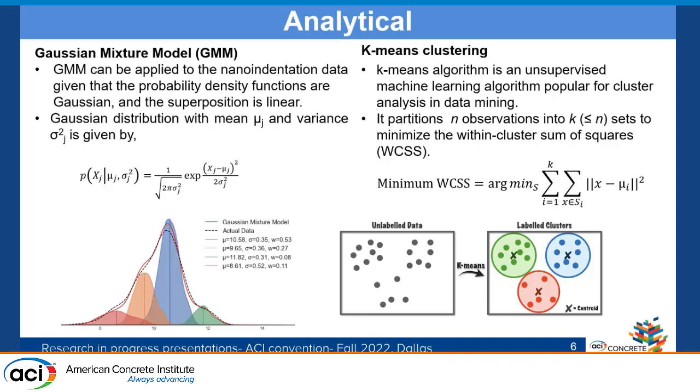A Gaussian distribution has two parameters, mean and variance, which is given by that equation. The second method I used is k-means clustering, which is an unsupervised machine learning algorithm used to partition n number of data into k number of clusters by minimizing the within cluster sum of squares given by this equation.